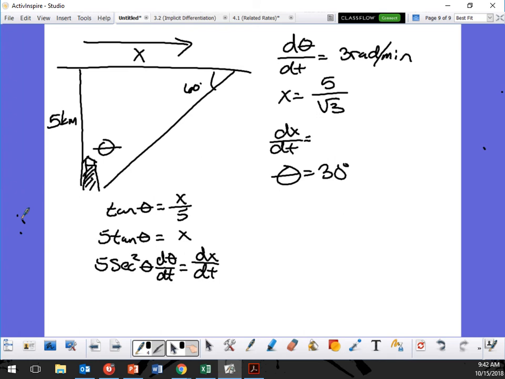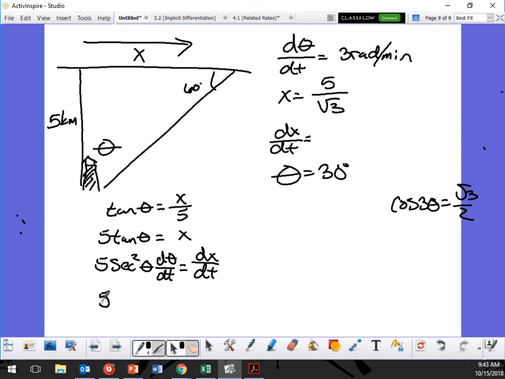Theta is going to be 30. Isn't secant just the reciprocal of cosine? So cosine at 30 is rad 3 over 2, but secant's the reciprocal, so I'm going to just plug it in as is.